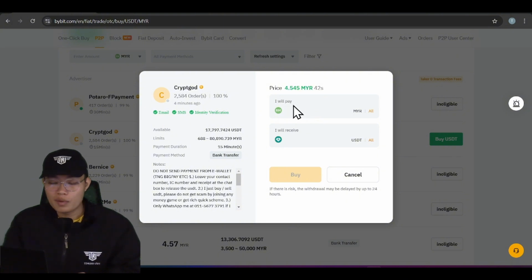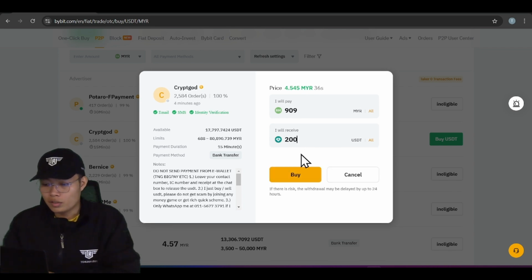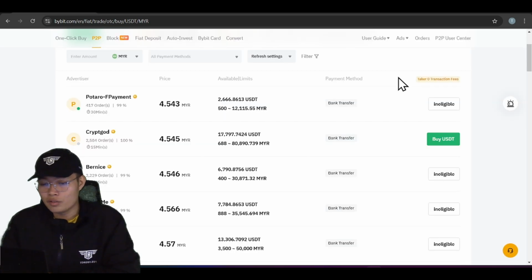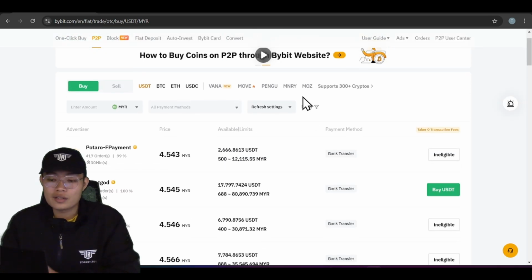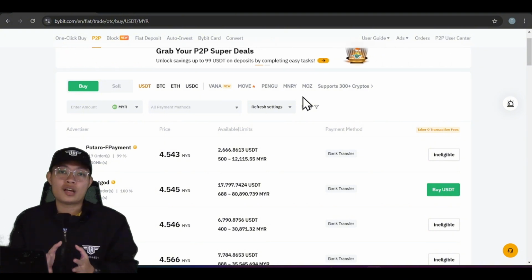For example, if I want to deposit $200 US, after I click buy, just follow the steps and you should be able to deposit your first cryptocurrency in your funding account. Once you have deposited your first cryptocurrency in your funding account, it is great for you to start crypto trading.